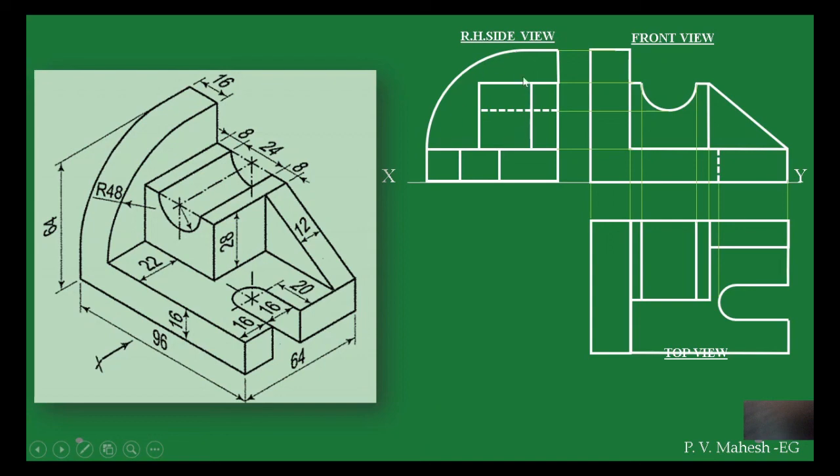So 16 from here and 16 from here, if I take, I will get a point. With that point as center, I have to draw this curve. Generally many students will make mistakes here. Not all, but many students will make this mistake. So you have to identify where the center for this curve is. With this, the side view is also completed. So that is for today. Thank you.